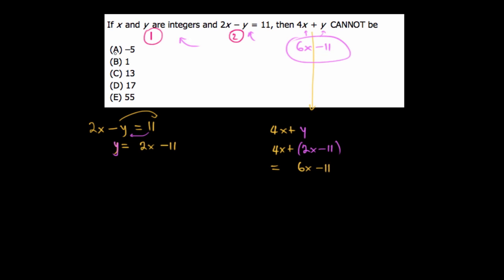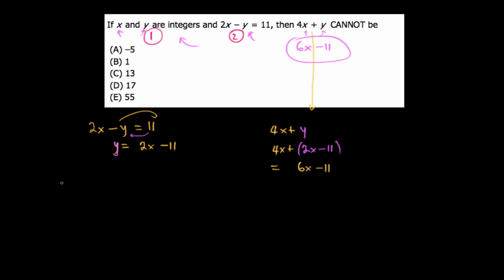I'm going to test each of these options one by one. I would assume 6x minus 11 equals negative 5, and then I would solve for x. You recall we were told that x and y must be whole numbers.